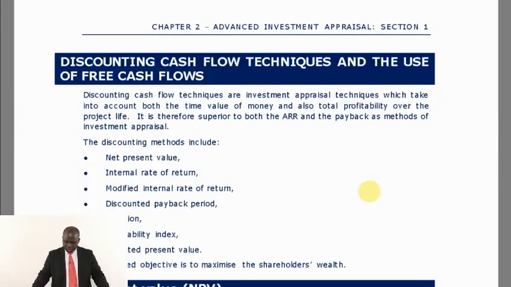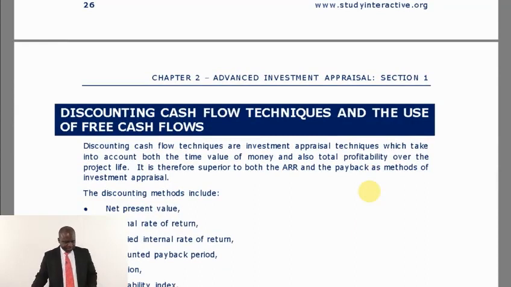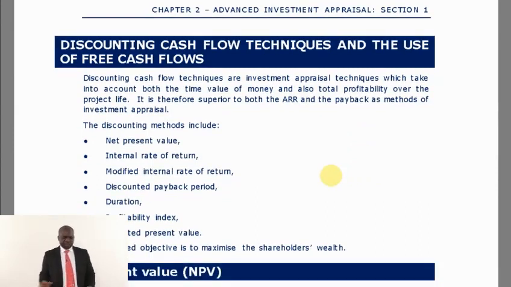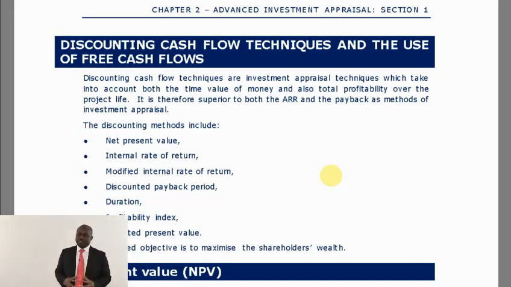So if we go to our lecture notes, chapter 2, we will see advanced investment appraisals, and we're going to pick from there. So make sure you've got your lecture notes in front of you. Okay, right. When we did F9, we did investment appraisals, the elementary bit of F9 told us that the financial manager is supposed to make 3 basic decisions.